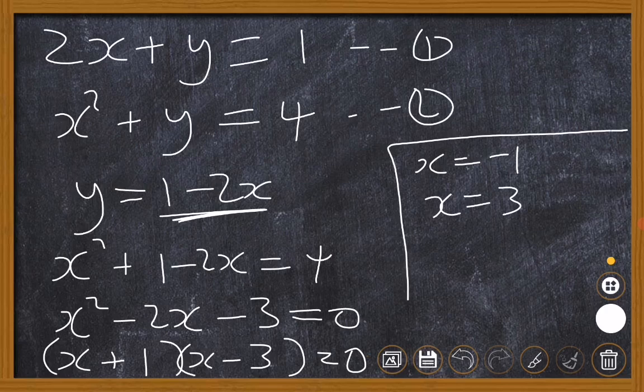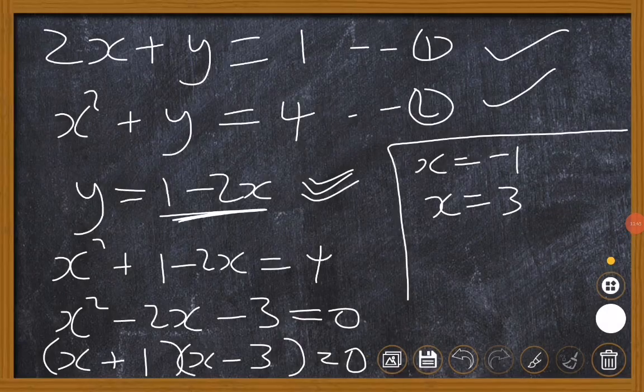Now that we have these x values, we need to know what y is. We can substitute these x values into any of these equations. Let's choose this one, because y is already written in a nice form.